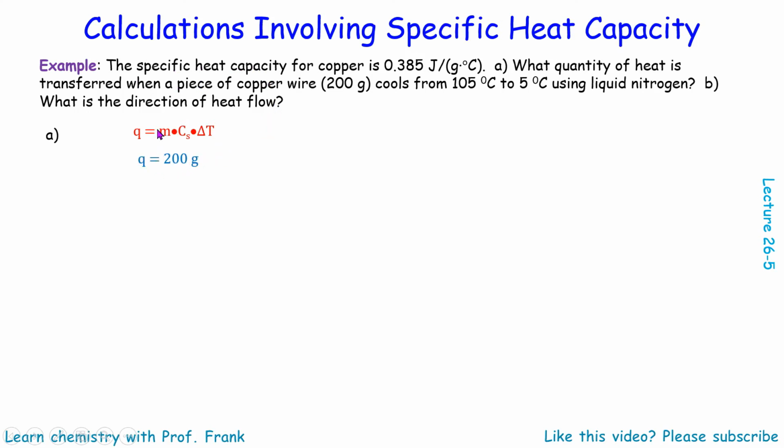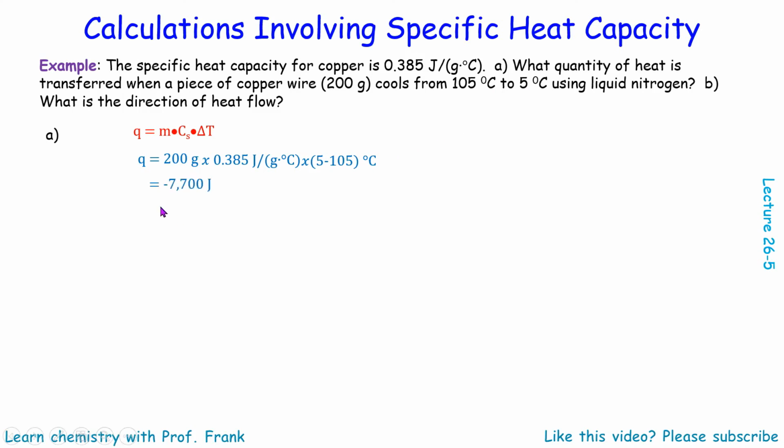Heat can be calculated by the mass, 200 grams, multiplied by the specific heat capacity, which is given as 0.385, multiplied by the temperature change, the final temperature subtracted by the initial temperature, that should be 100.